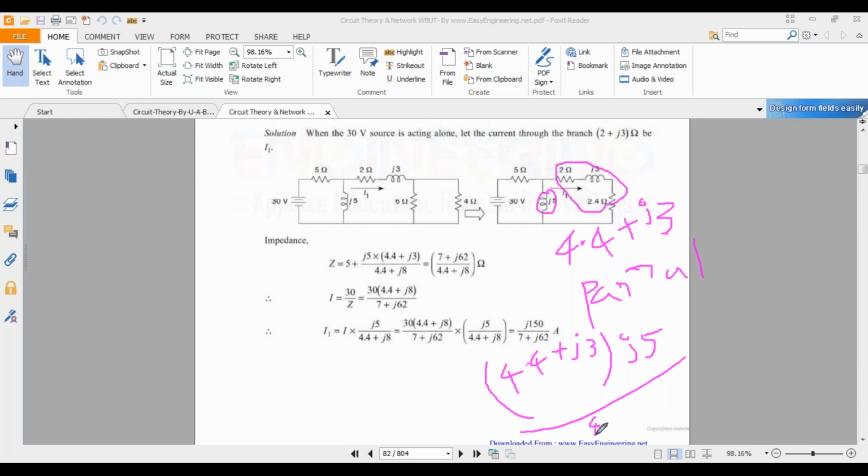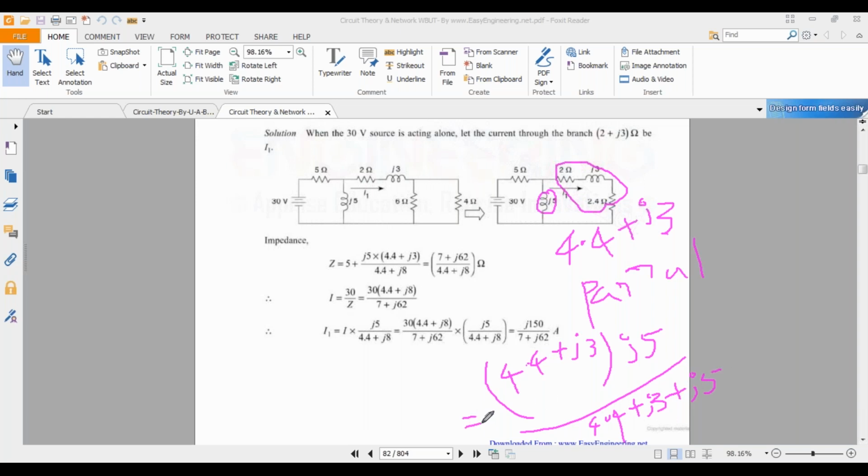It is 4.4 plus J3 plus J5, so that here now in the denominator J3 plus J5 can become J8.